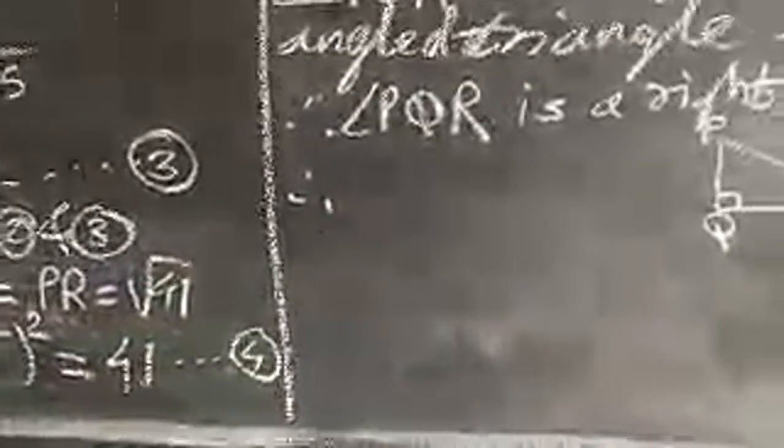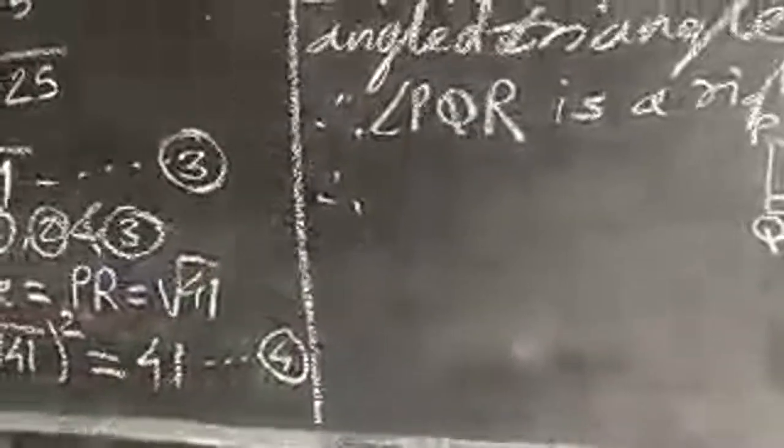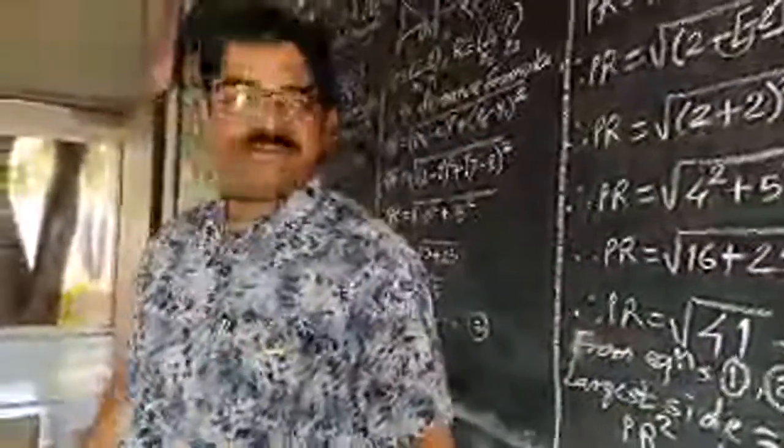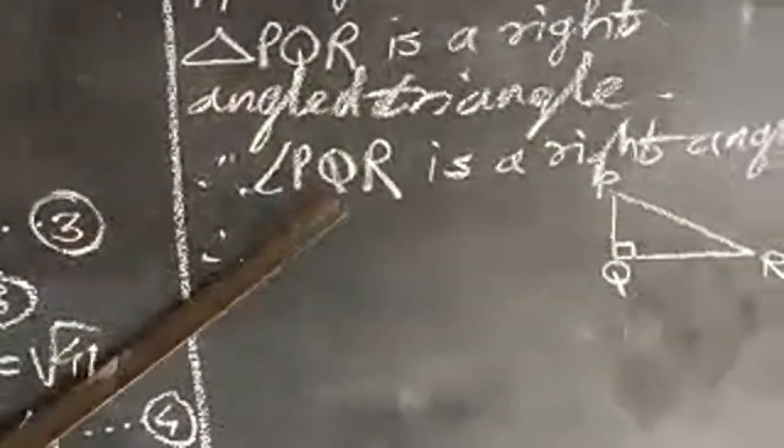And therefore, what do we write as the conclusion? We know this is a right angle and one angle is 90 degrees.